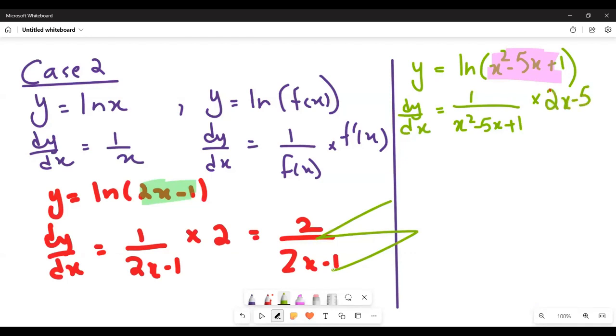So the answer is going to be 2x minus 5 in the numerator and x square minus 5x plus 1 in the denominator.